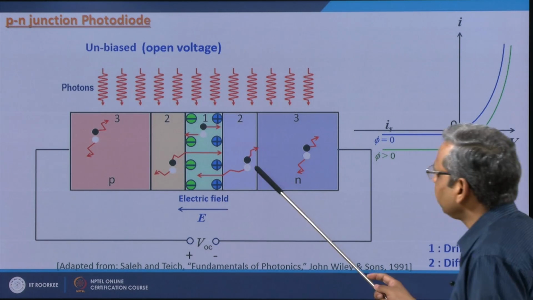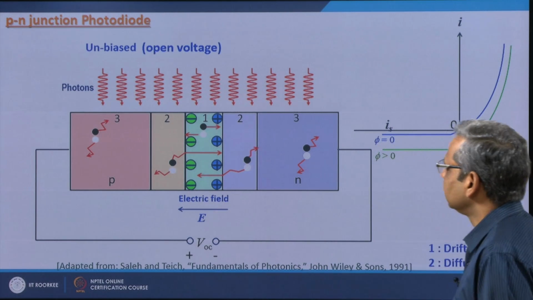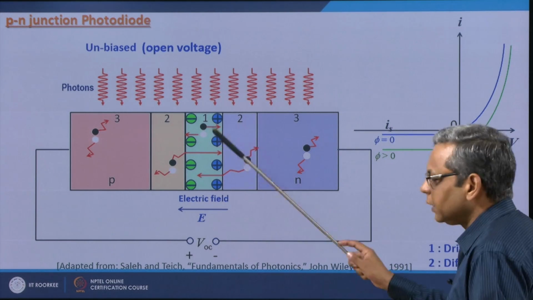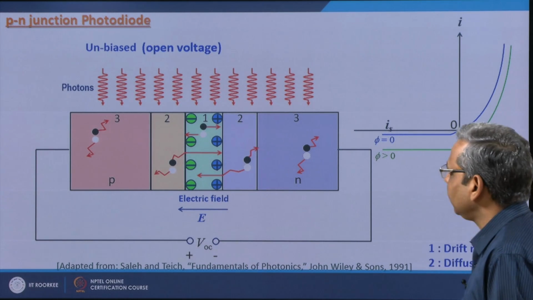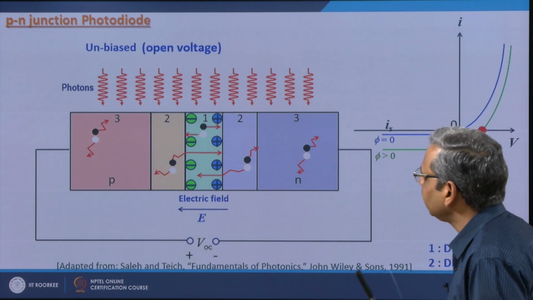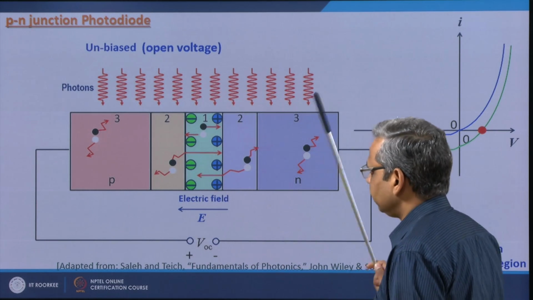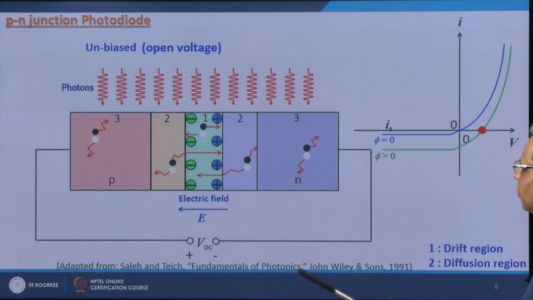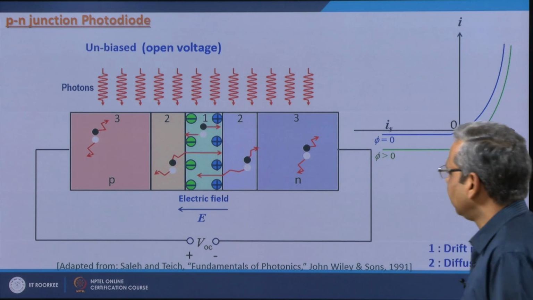The electron hole pairs generated in these regions will wander randomly unless they come in the vicinity of this electric field, and when they do, they will be drifted, electron on this side and hole on this side, similarly this one.